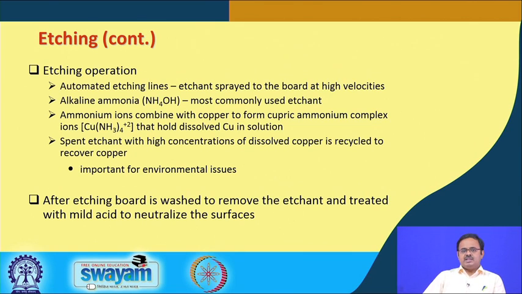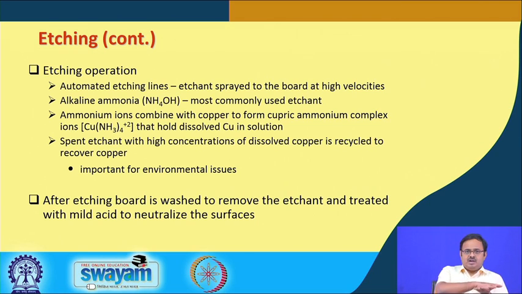Now, the spent etchant, what is spent etchant? Spent etchant is the etchant once it is sprayed and has combined with copper, what comes out as a product of this chemical etching process, that is already used up. Now, what do we do with this? See, copper is expensive and precious, and you have a lot of copper that you have removed.